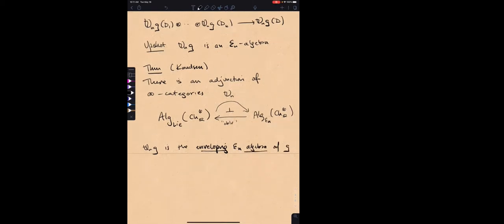So could you please slightly elaborate about this forgetful functor? So I don't want to describe it concretely in this particular model. It is related to the fact that in characteristic 0, there's the formality of the EN operad. So the EN operad is quasi-isomorphic to its homology, which is the shifted Poisson operad.